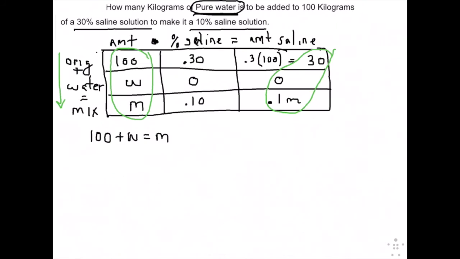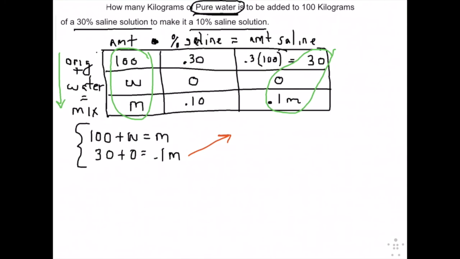And if I go down the right column, I have 30 plus 0 equals 0.1 M. So in this case, I kind of get lucky because one of the equations actually only has one variable, and I can solve it quite easily. So let's take advantage of that, and let's solve this equation.